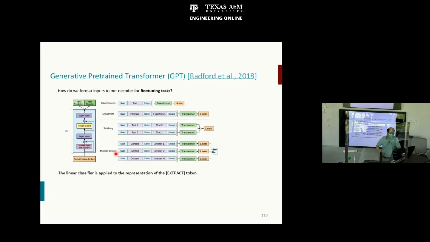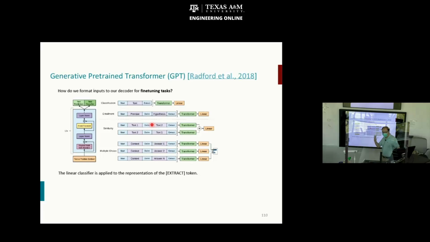Another sentence says, someone is a PhD student who is taking a class in room 316 of Zachary. The second sentence gives more information about the first. It's called entailment. And you could have similarity, like two different sentences saying essentially the same thing. So you could have different relationships between these two texts.